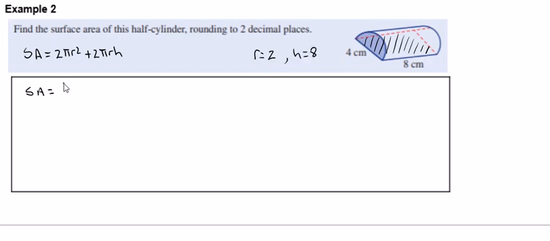So this time I'm going to put it in brackets and do 2 times pi times 2 squared plus 2 times pi times 2 times 8. That's for a whole cylinder.